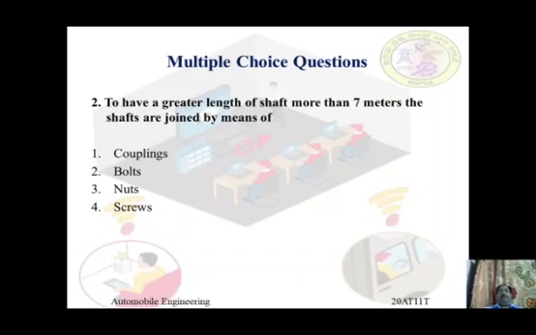So if we require more than 7 meters in the length of the shafts, we join the two shafts with couplings. So here in the options, number 1, couplings, is the correct answer.